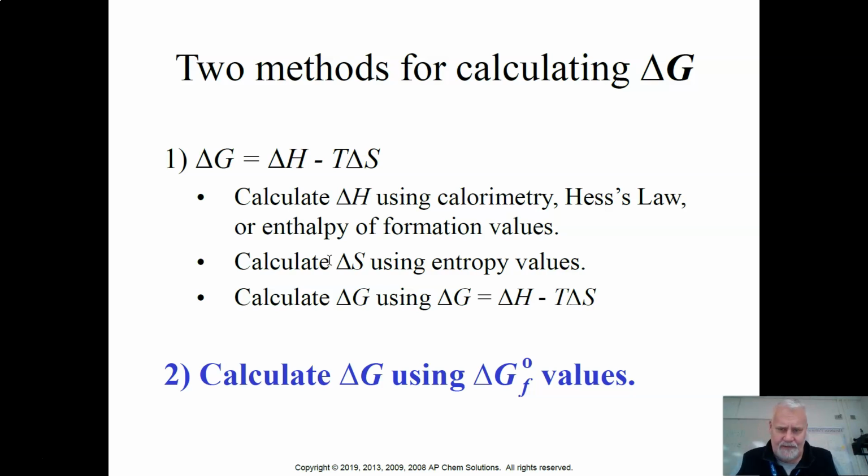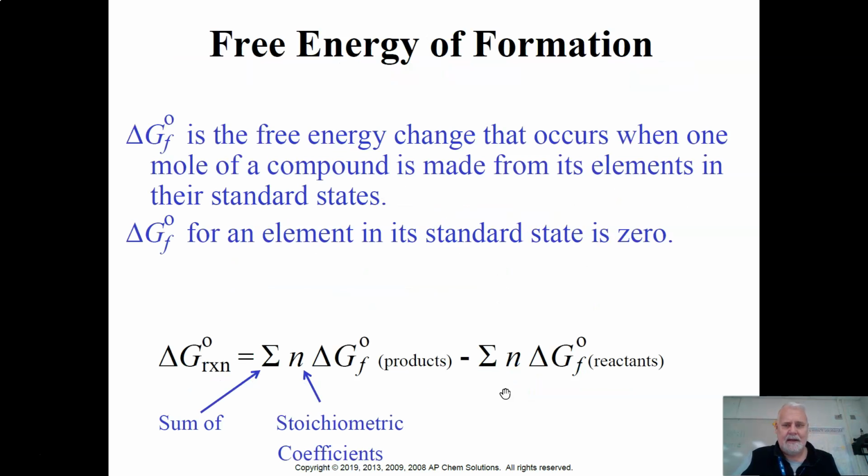All right, now, second, you can calculate delta G using the change in Gibbs free energy of formation at standard conditions, and that would be in your attached thermodynamic packets. Remember, we had the delta H, we had the delta S on there. So guess what the equation is going to look like?